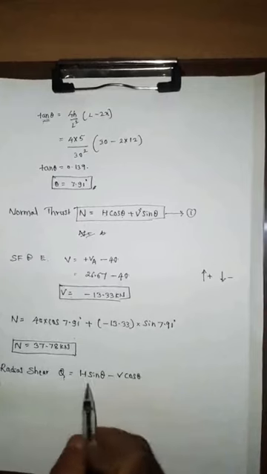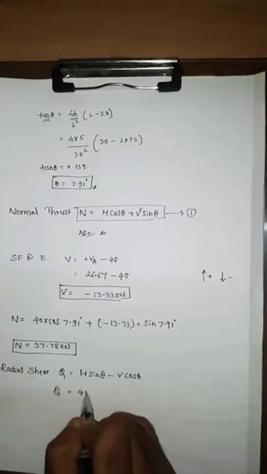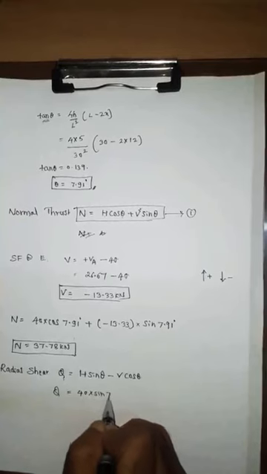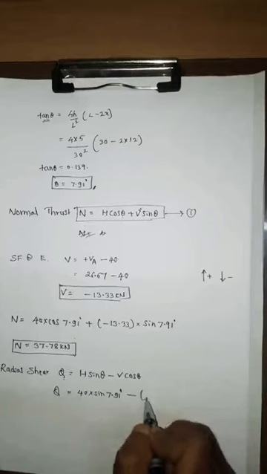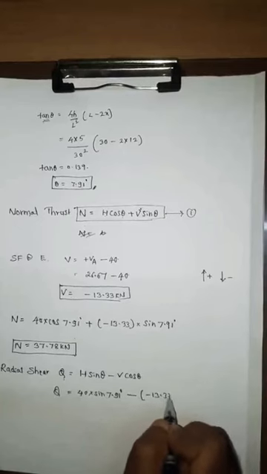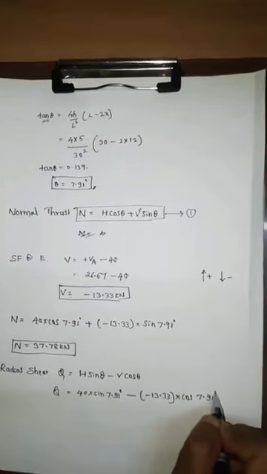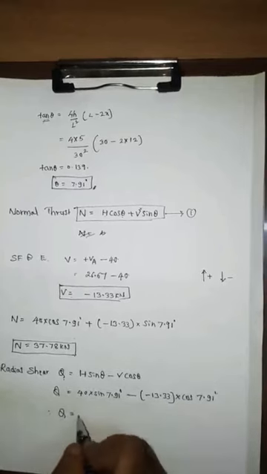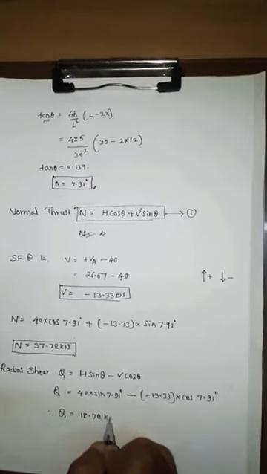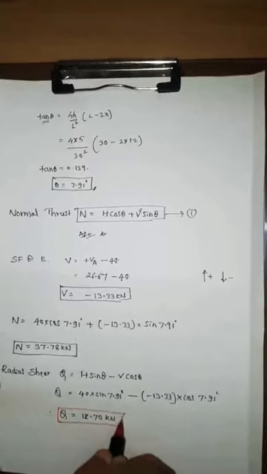So again substitute here, H is 40 into sine 7.91 minus V, which is minus 13.33, into cos of theta, 7.91 degree. So therefore radial shear Q is equal to 18.70 kilonewton. So this is the radial shear.